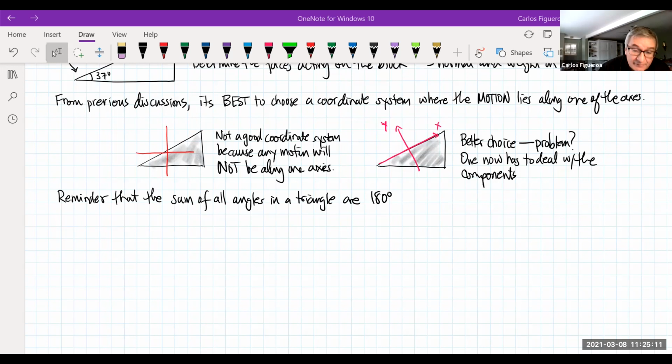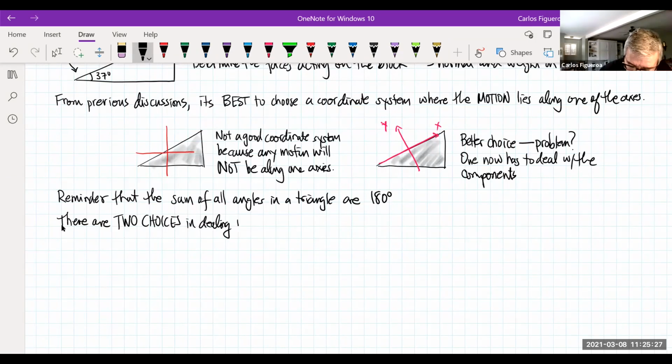What you're going to find is that there are two choices in dealing with the angle. When you look at physics, they typically only deal with it one way.